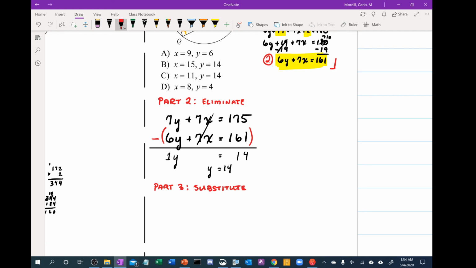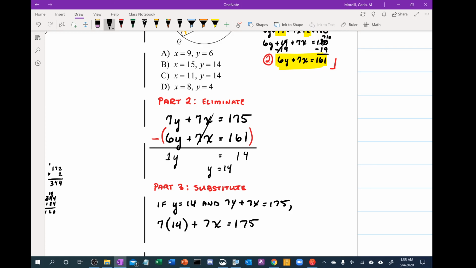So we have y equals 14, so we can just go into one of our equations here and say, well, if y equals 14 and 7y plus 7x equals 175, then we can say 7 times 14 plus 7x equals 175.